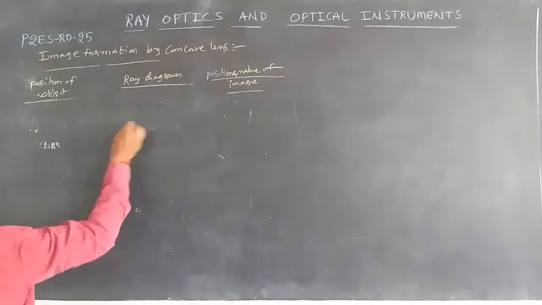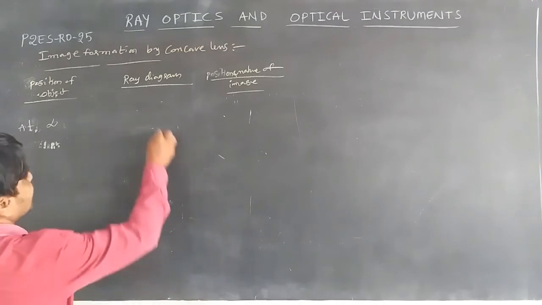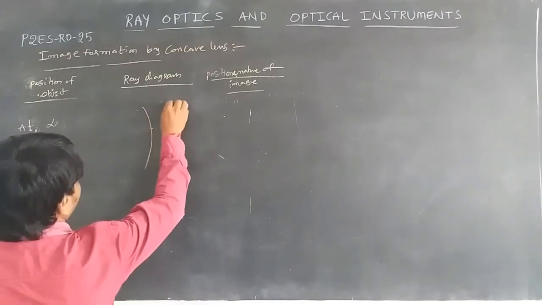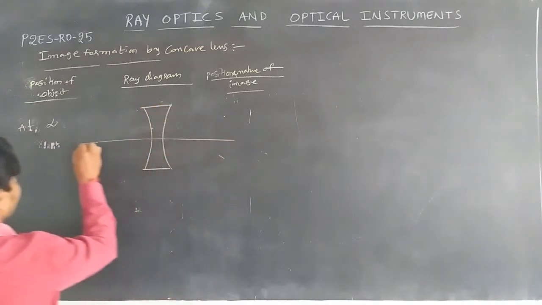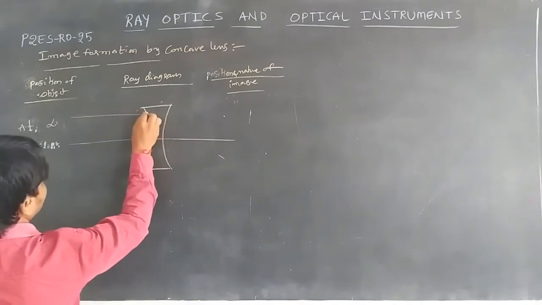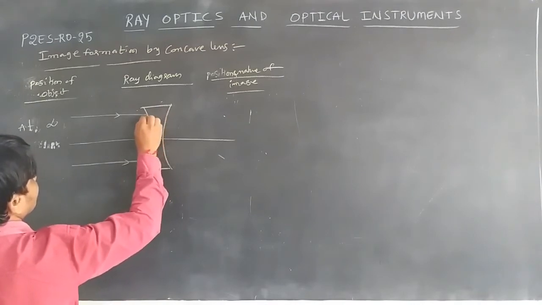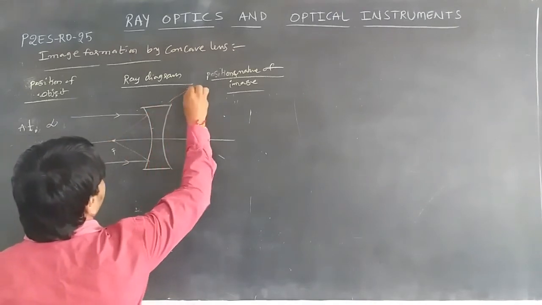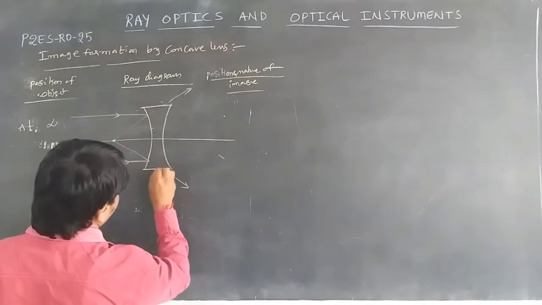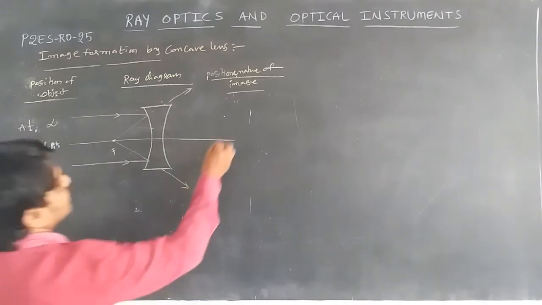When the object is placed at infinity, the image is formed at the focus, at f.